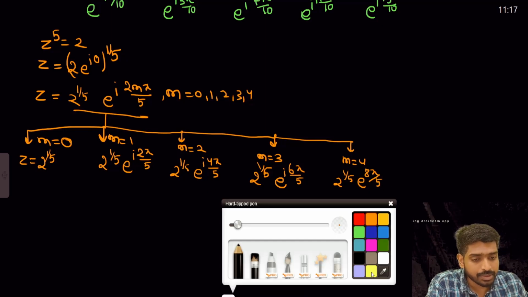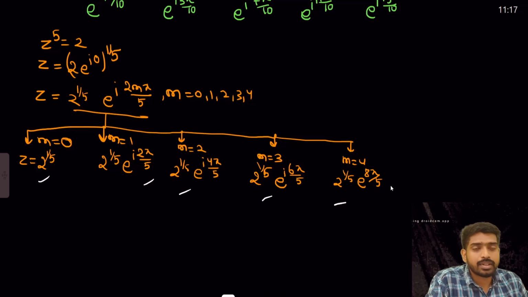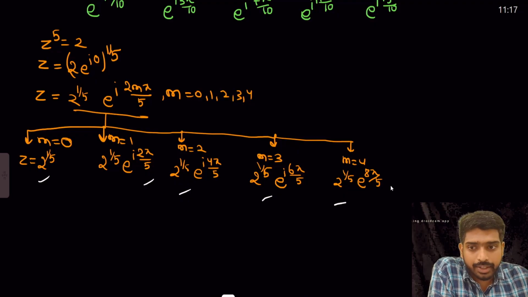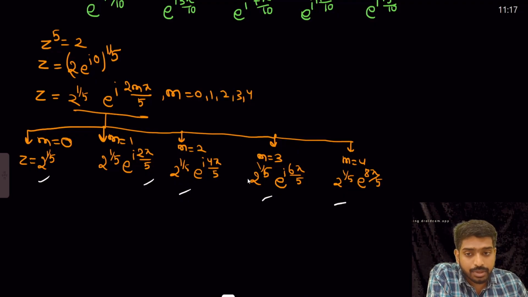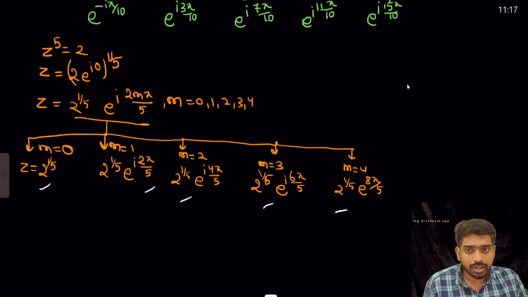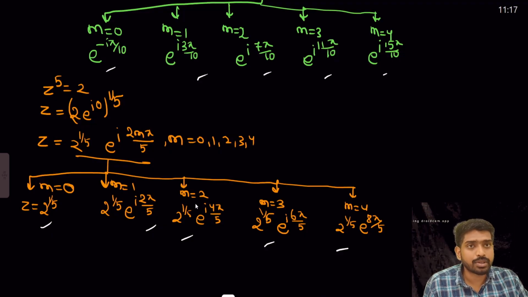These are the 5 values required here, right? Now these are the 5 solutions we got, and here we got 5 more solutions. Total 10 solutions we got.